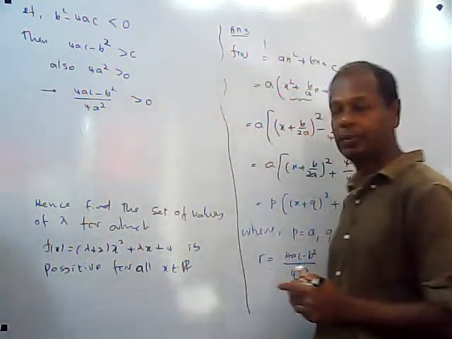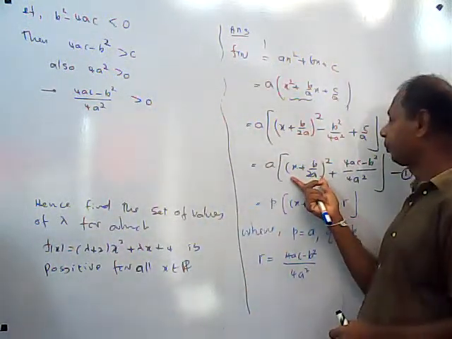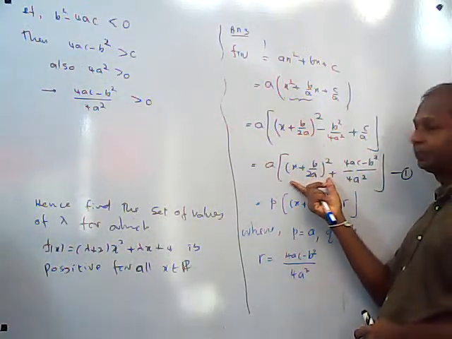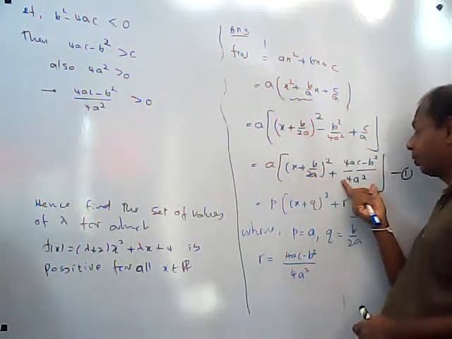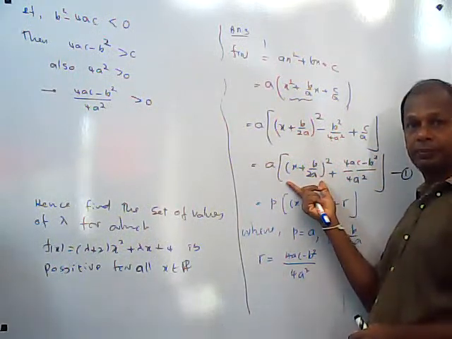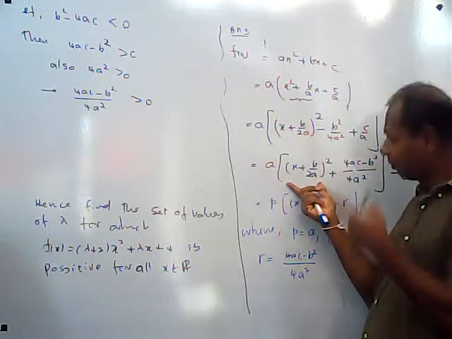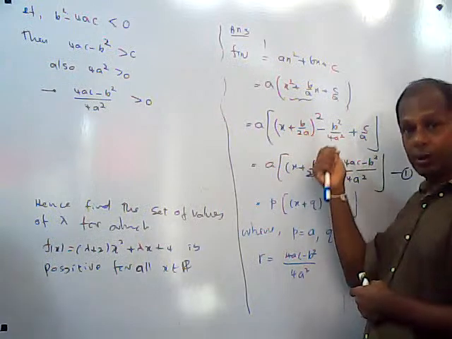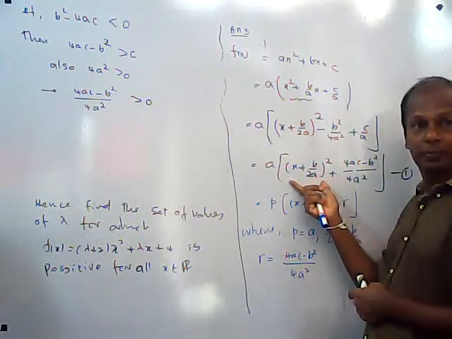Okay? And what about this part? This is a constant, right? That constant is always positive. This part is a variable. As x varies, this gives different values. But x plus b over 2a squared, what about this?